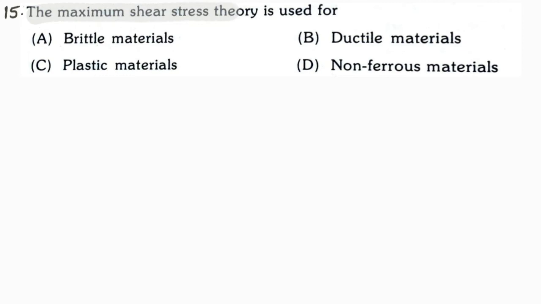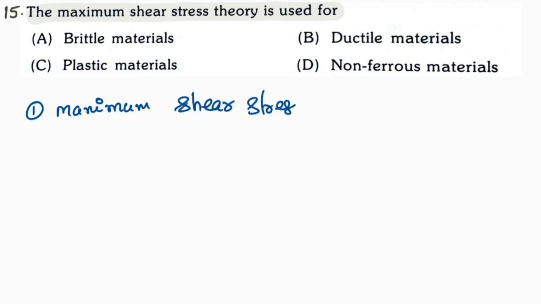Look at the 15th problem. The maximum shear stress theory is used for... There are two theories when the shaft is subjected to both torque and bending moment. First one is maximum shear stress theory, also called Guest theory.